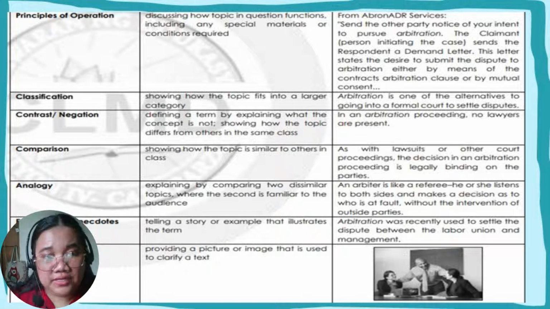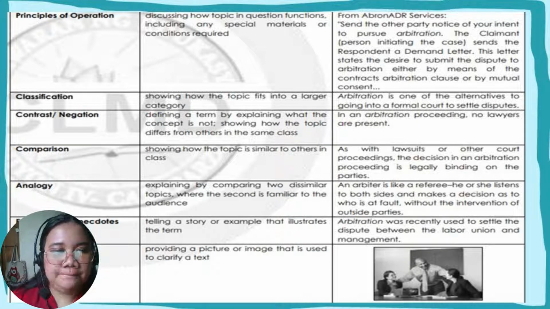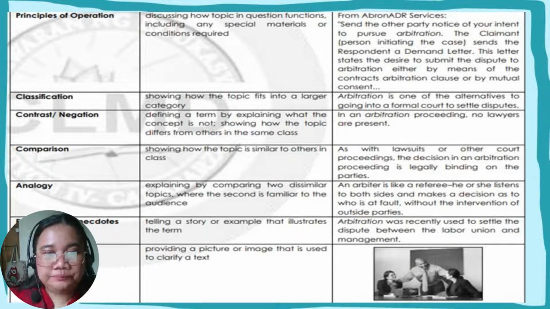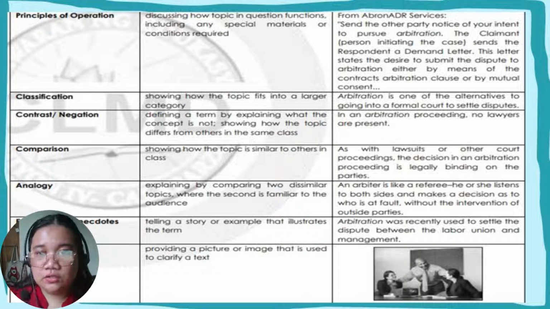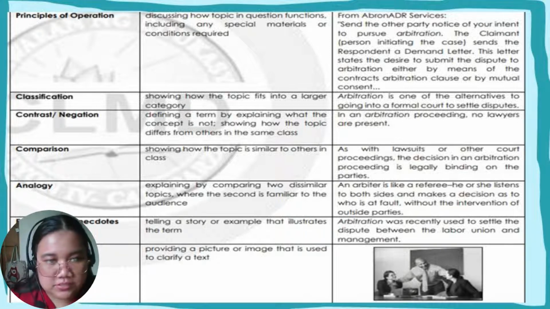Next is the comparison, showing how the topic is similar to others in the class. So, for example, as with lawsuits or other court proceedings, the decision in an arbitration proceeding is legally binding on the parties. Next is analogy.